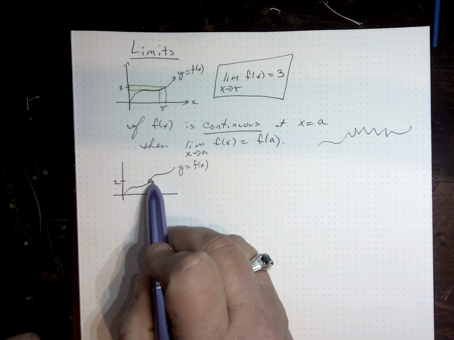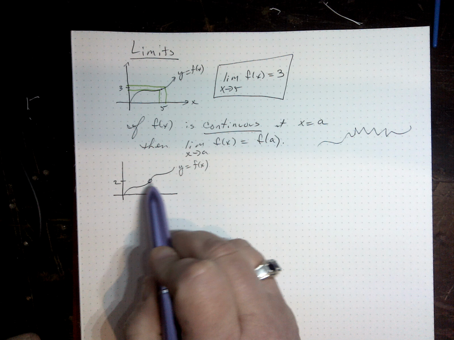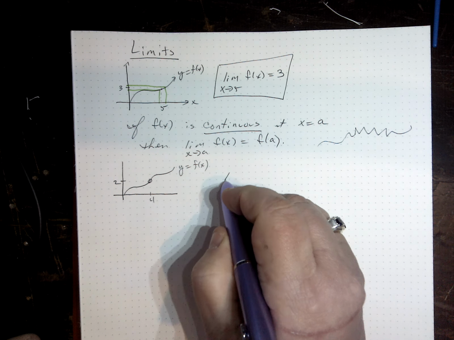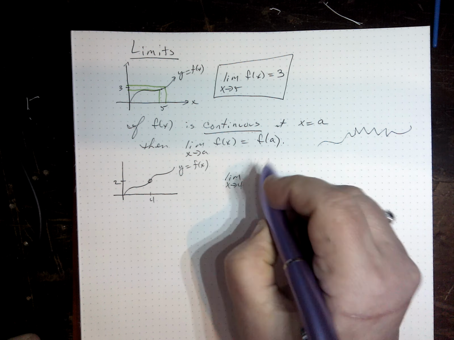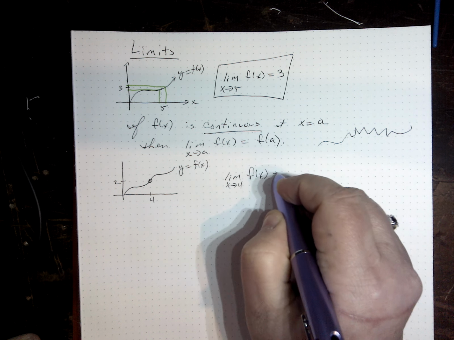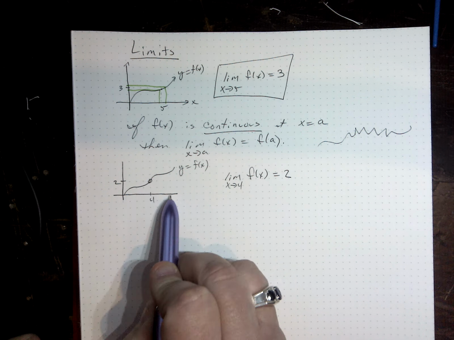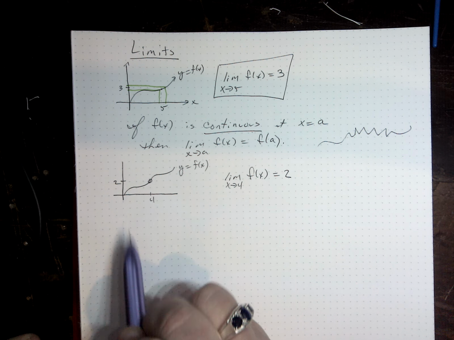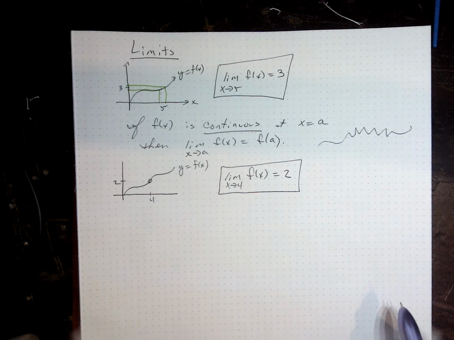We don't care. If I were to fill in the hole, then my limit as I approach 4 would be 2. So even though there's a hole there, I can say the limit as x approaches 4 of f of x is equal to 2. Because as I approach it from the left or the right, I'm still getting the same value. So the limit here is 2.